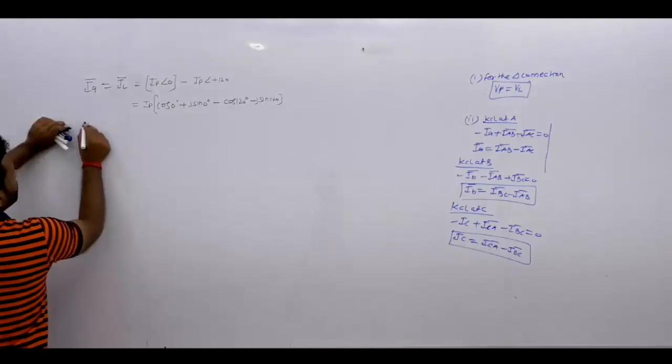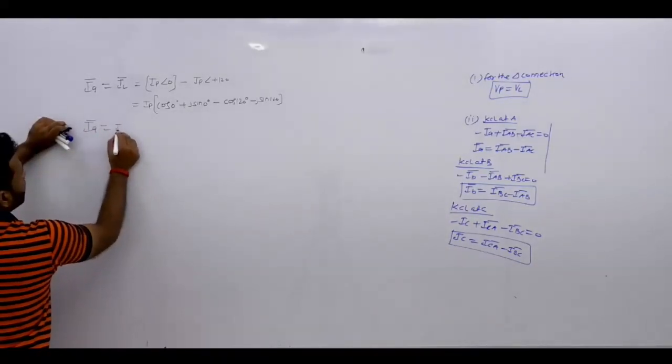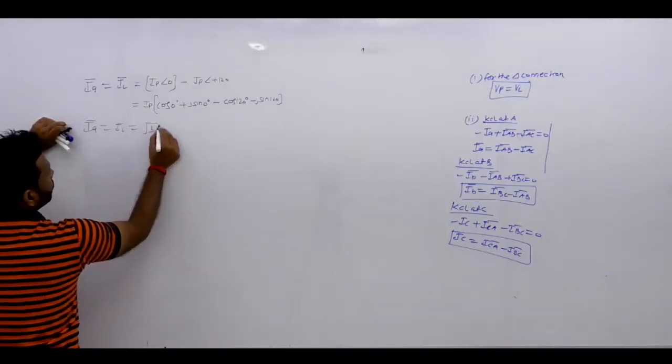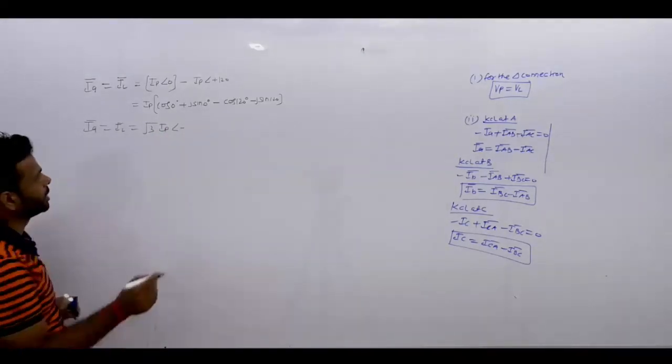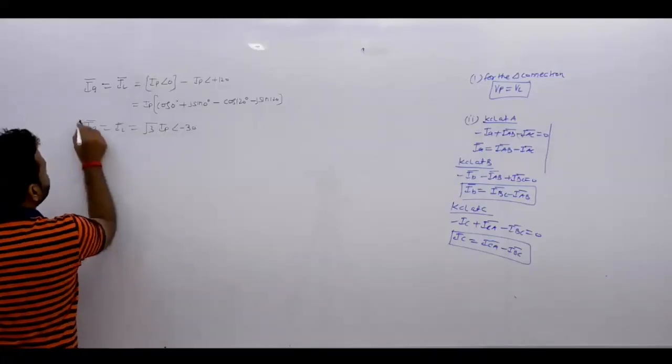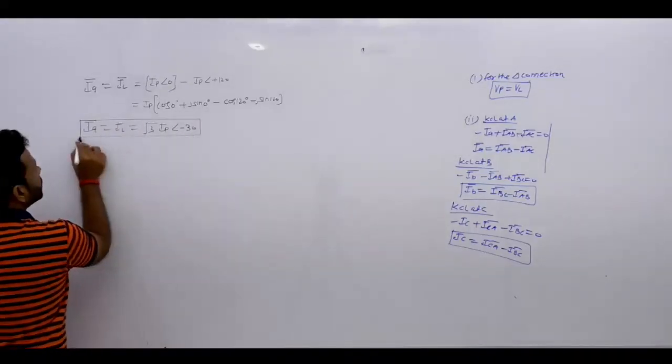So when you solve this, IA or IL is root 3 times of IP, and angle is minus 30 degree. Okay. So this is the first result.